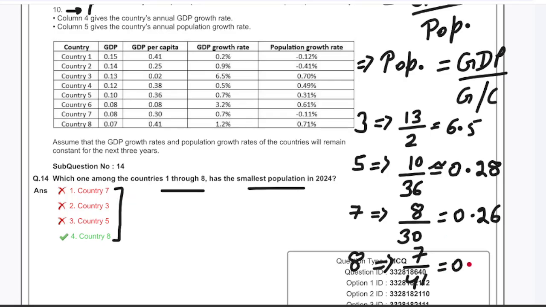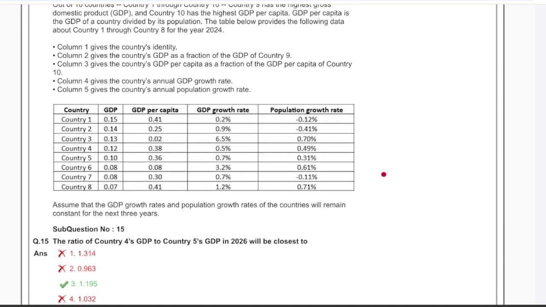And this is going to be 0.1 something. 41 into 1. If I divide it by 70, I'll get 29, 290. So 0.17 approximately. So this means country 8 has the lowest population. That is the answer. So it's quite easy. One who is comfortable in the numbers, they know how to derive the formulas, they can easily do this question. Quite doable.